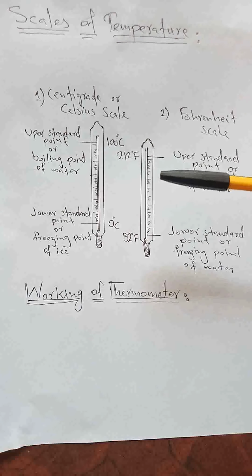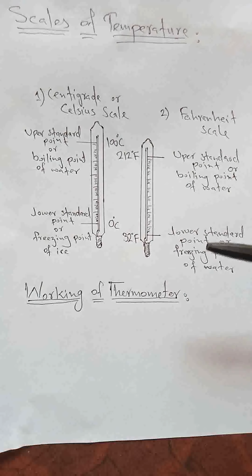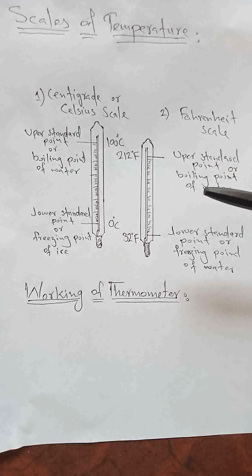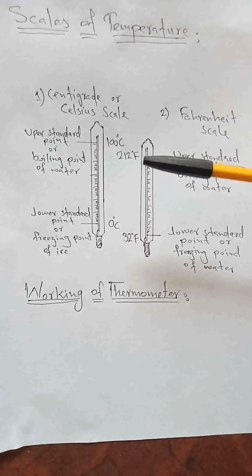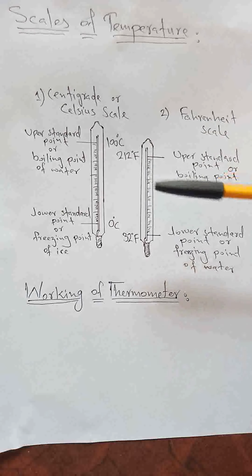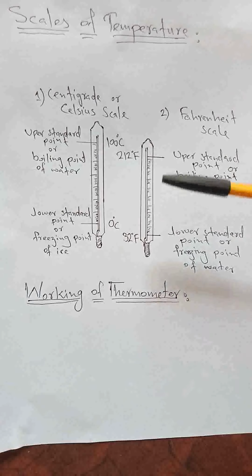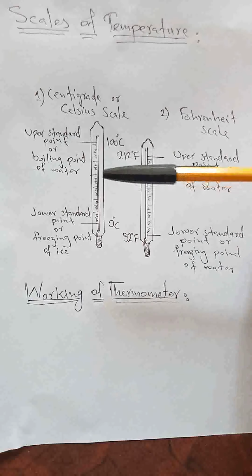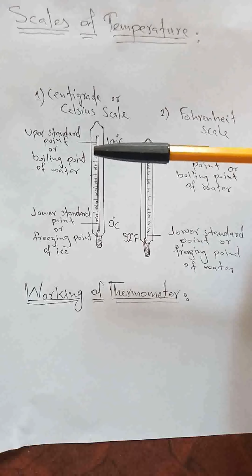Now for the Fahrenheit scale, the lower standard point or freezing point of water, or ice, is 32 degree Fahrenheit, and the upper standard point or boiling point of water is 212 degree Fahrenheit. The number of divisions between these 2 points is 180, whereas in the Celsius scale it is 100.